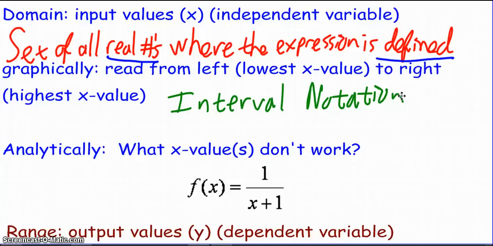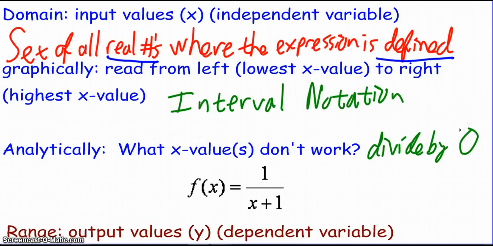So an example is if I have f of x equals 1 over x plus 1. Well, here I don't have the graph. So I could graph this if I want by hand or on my calculator. However, sometimes that's not always the easiest way to do it. If I have the actual equation of the function, the easiest way to think about the domain is where does it not exist. And so again, basically, where is it not defined, or where will I not get real numbers? Well, it won't be defined if I divide by 0.